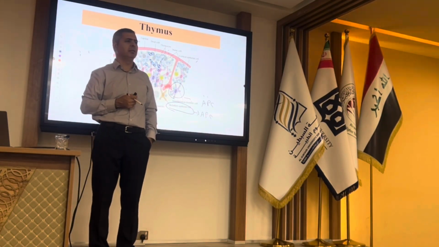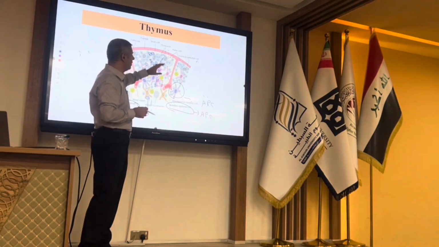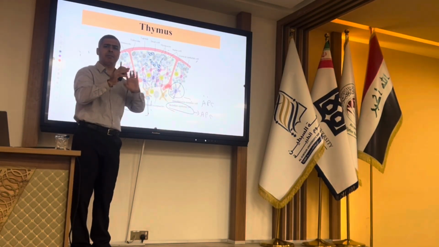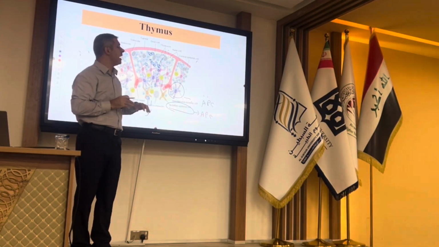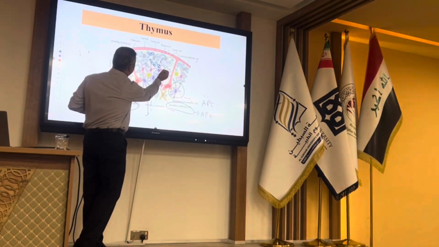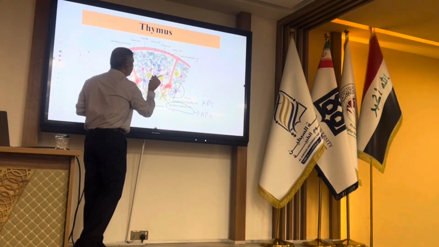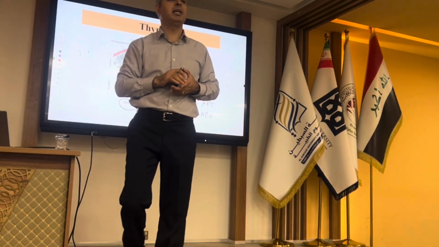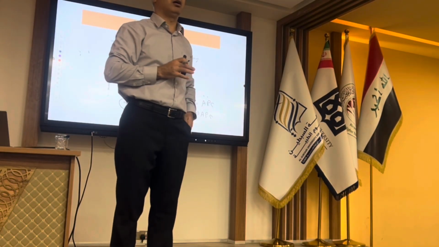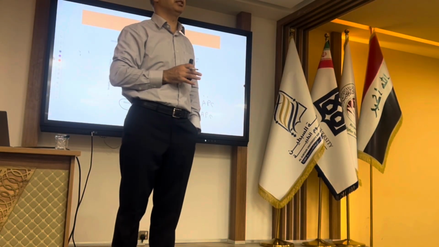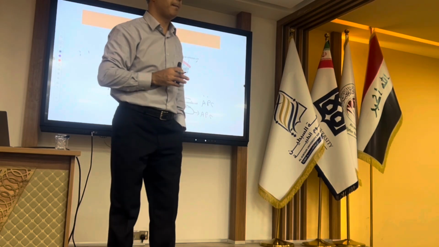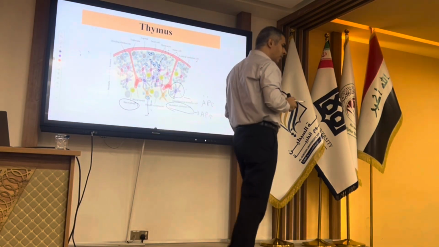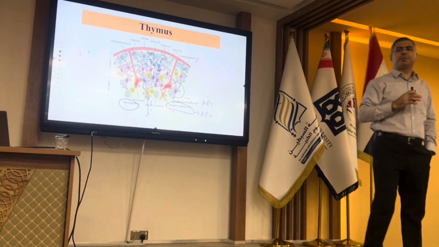What does that mean? The thymus is full of developing cells that are proliferating, and among them we have antigen presenting cells that are presenting antigens to the developing cells. Why do we need antigen presenting cells inside the thymus? What antigen are they presenting?